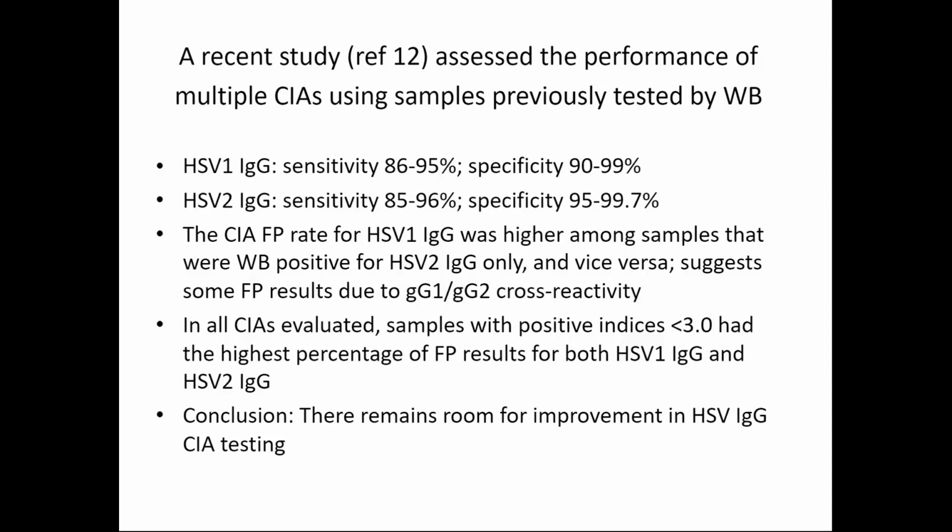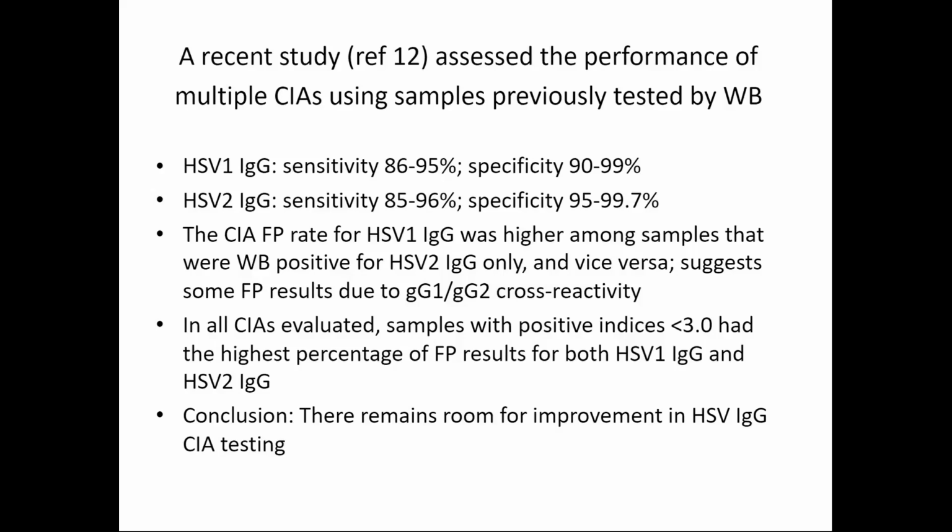Now, the CIA false positive rate for HSV-1 IgG was higher among samples that were Western blot positive for HSV-2 only, and vice versa. This suggests that some false positive results are due to gG1, gG2 cross-reactivity.